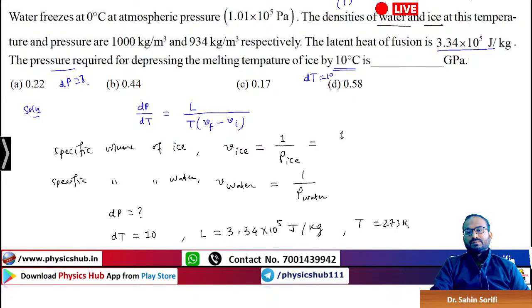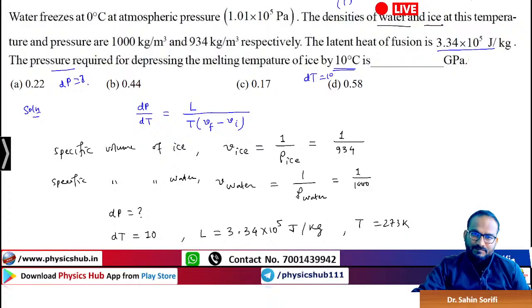This is equal to 1 upon 934, and that is 1 upon 1000. Do you observe one thing? Density of water is more than density of ice.